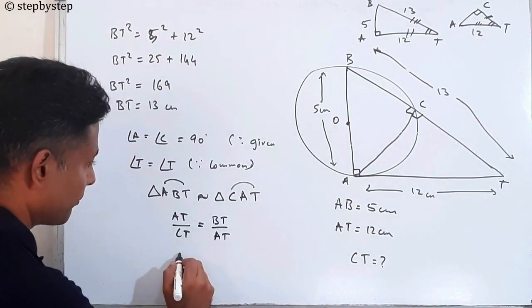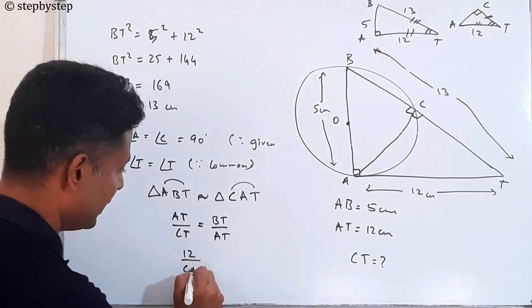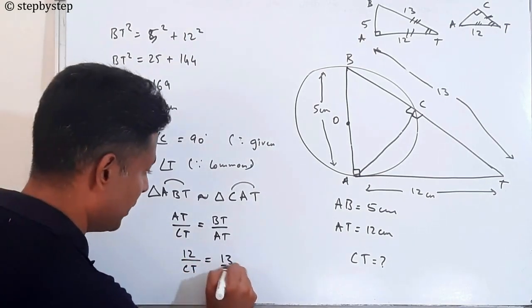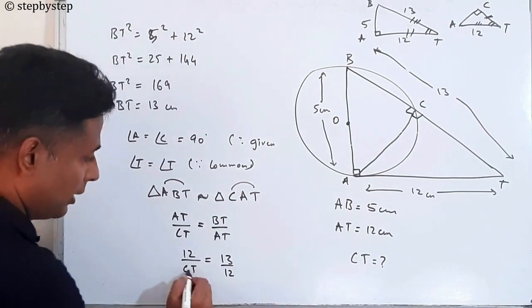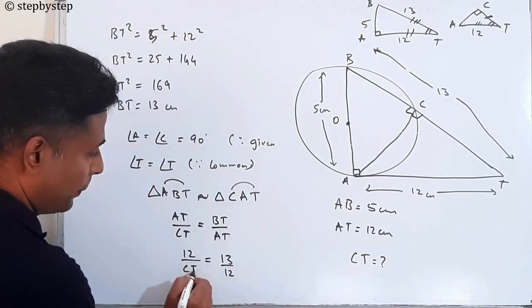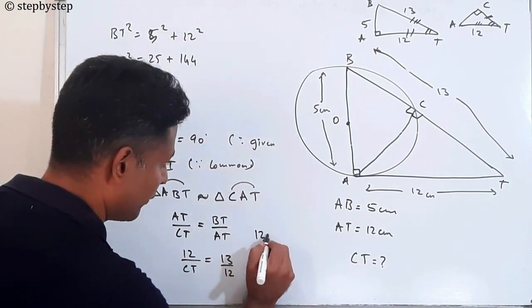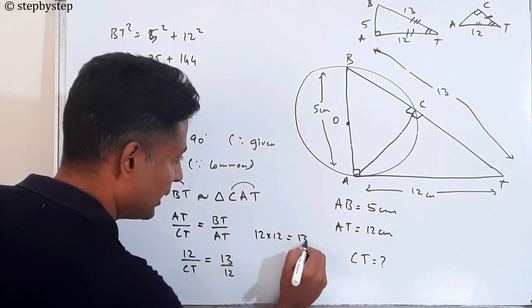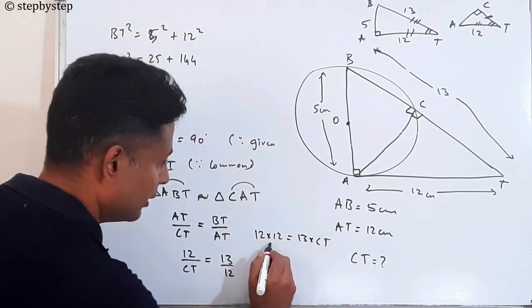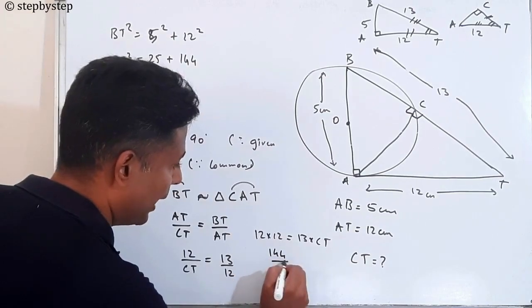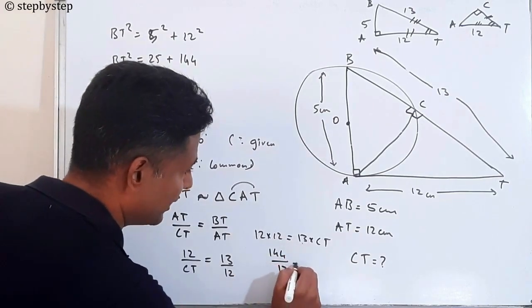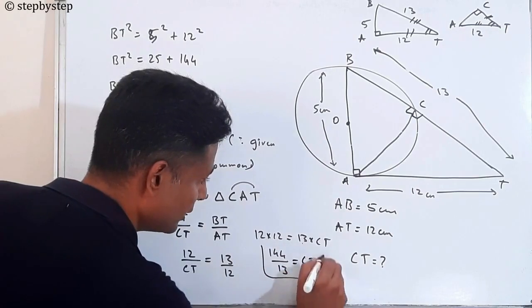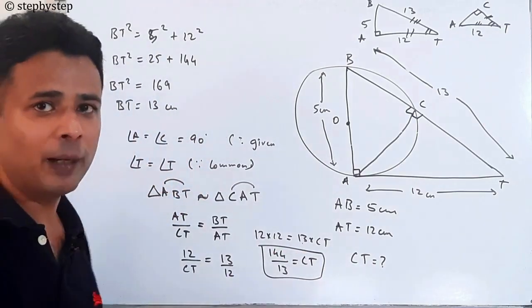So what do we get? AT is 12 by CT equal to BT, that is 13 by 12, right? Now transposing, I get 12 into 12 equal to 13 into CT, right? So 12 into 12, 144, by 13 equal to CT. Hence CT is 144 by 13.